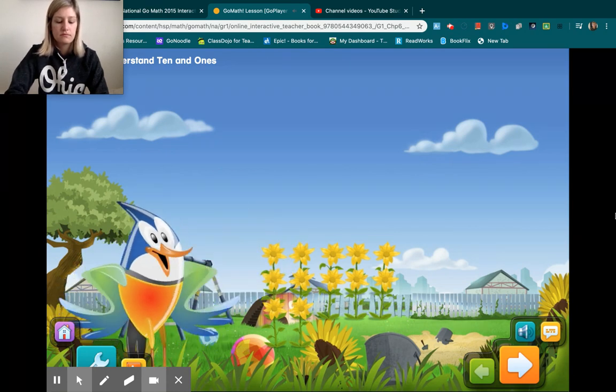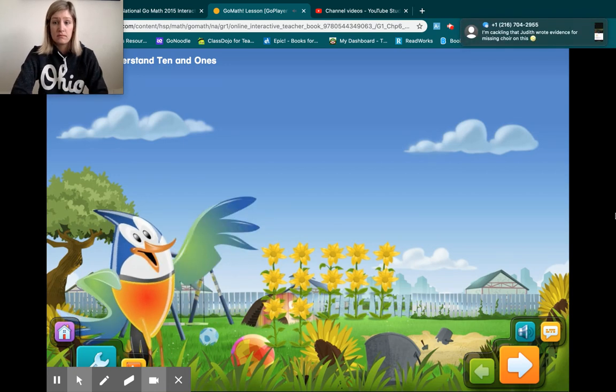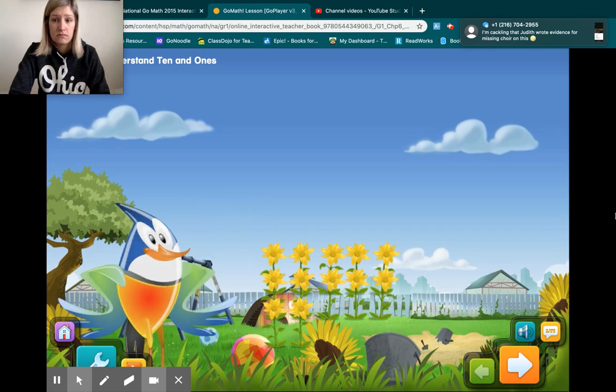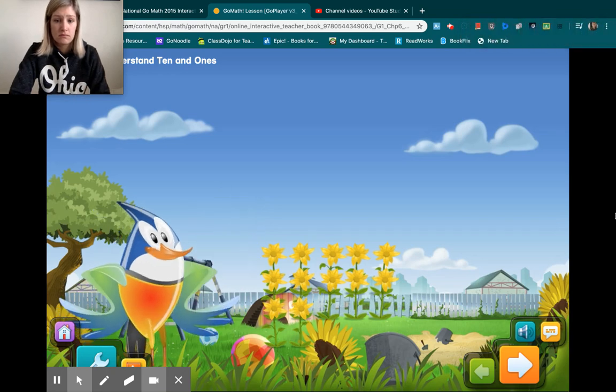Hi there! Look at these beautiful yellow flowers. Let's count them. One, two, three, 4, 5, 6, 7, 8, 9, 10, 11, 12.